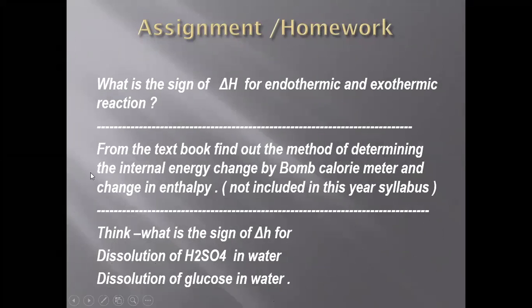And this is very important work which you should do in your textbook: from the textbook you need to find out the method for determining the internal energy change by bomb calorimeter and the change in enthalpy. Now this year, my dear students, this portion from your textbook has been excluded. So I would like to request you to go through this portion and understand how we can calculate the change in internal energy as well as the change in the enthalpy.